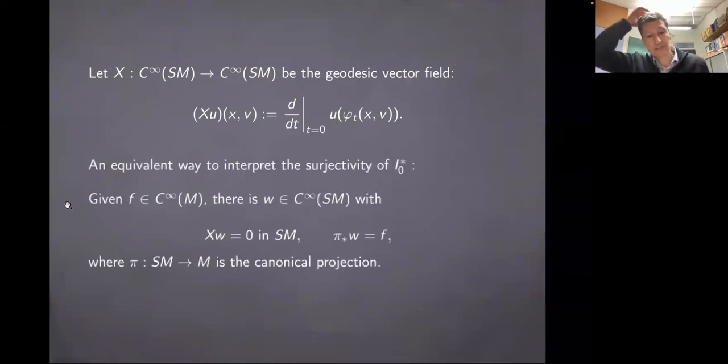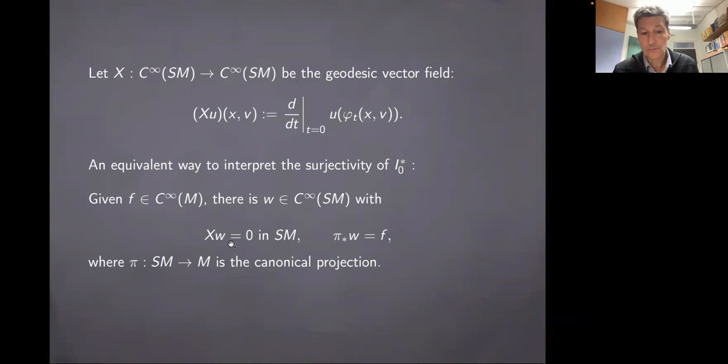Now there is this very simple exercise that you can rephrase the surjectivity of I0 star in terms of first integrals. The surjectivity of I0 star is a solvability result in some sense. It says that if you give me a C-infinity function on M, I can find a smooth first integral.